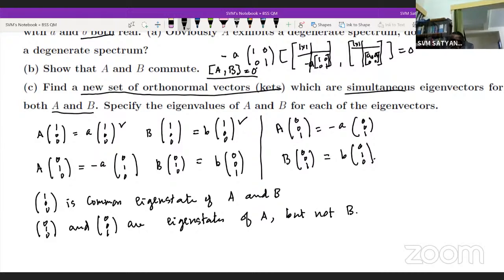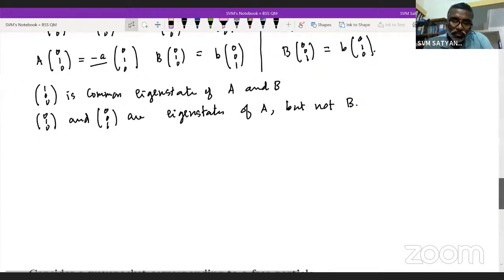See, 0 1 0 and 0 0 1 are eigenstates of A with the same eigenvalue, minus A. That means any linear combination of these two states will also be an eigenvector with the same eigenvalue.